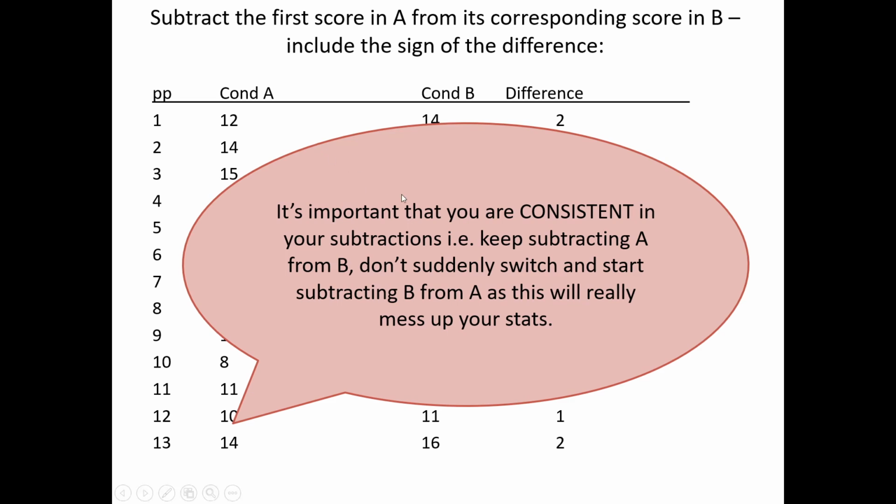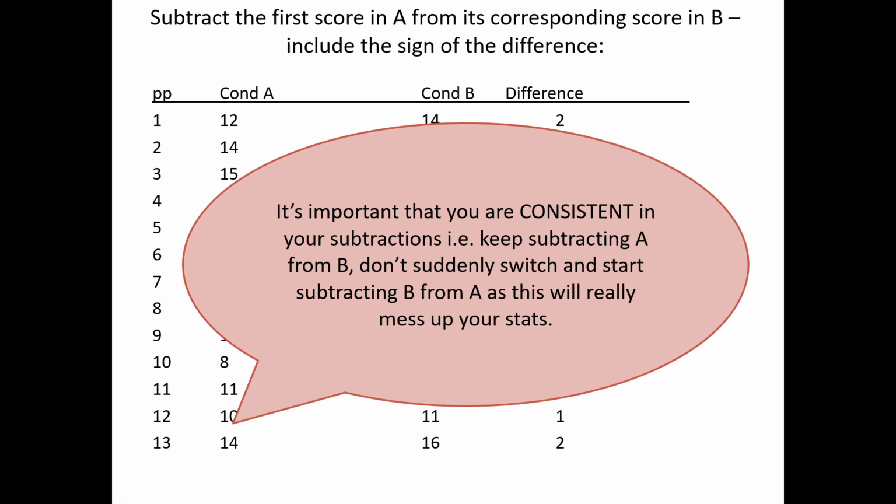Now, what you do, first of all, you subtract the first score in A from its corresponding score in B. If you want to, you can do it the other way around. You can take B from A. It doesn't matter, but please everybody, notice the importance in my voice.